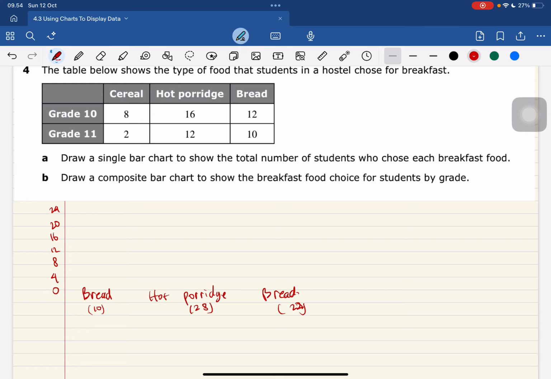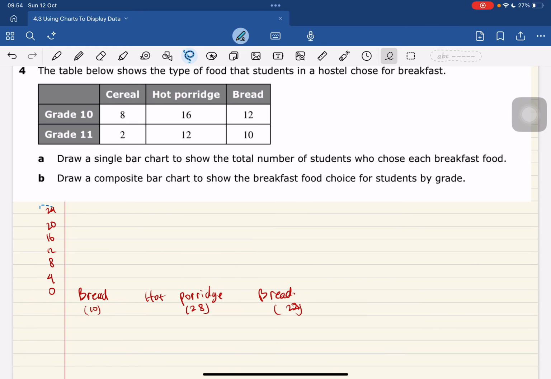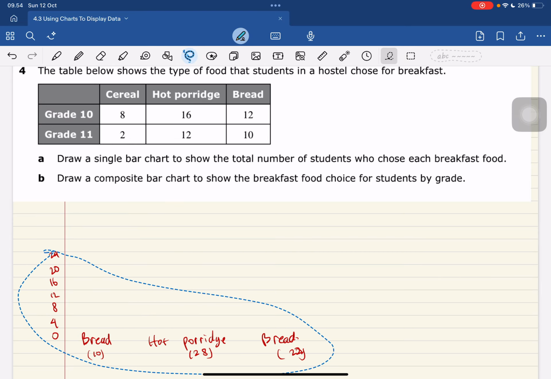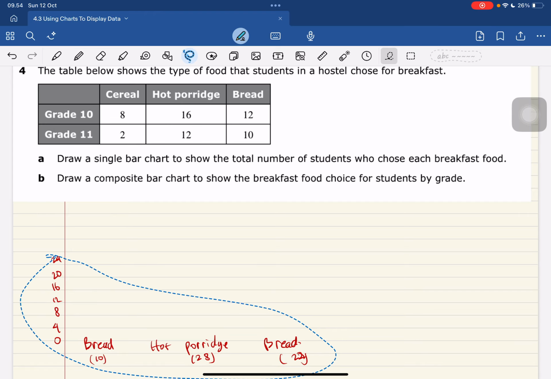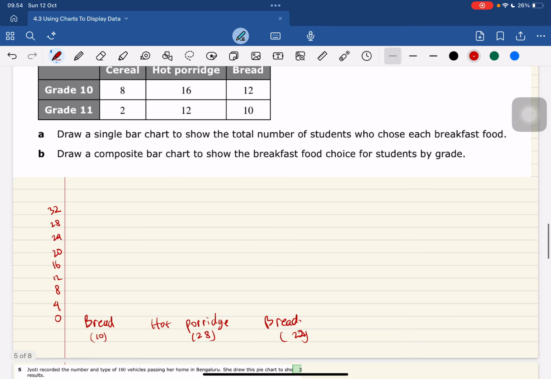So we can take it down. Okay, I'll take it down. 24. Okay, after 24, we got 28, and then 32. After 32, I think 32 is the most. So this is the table.